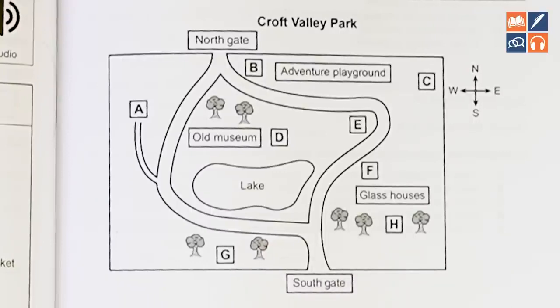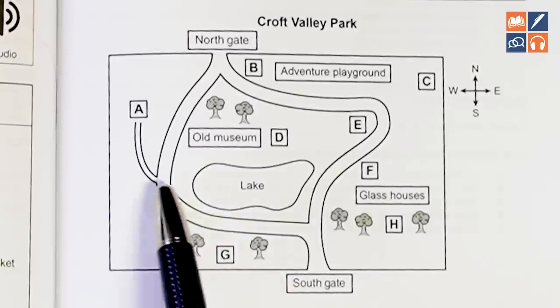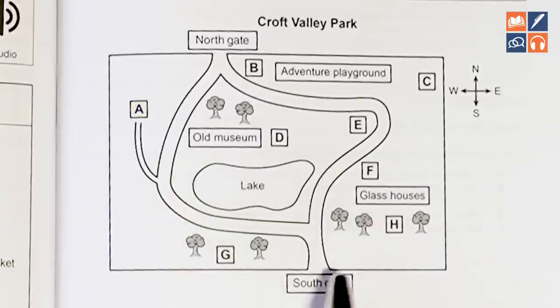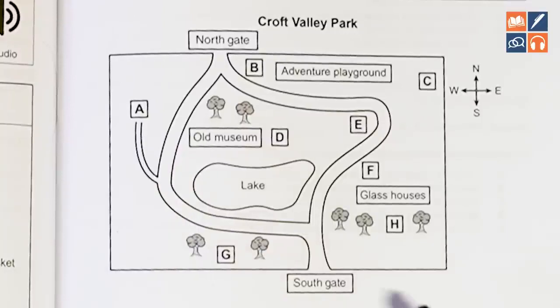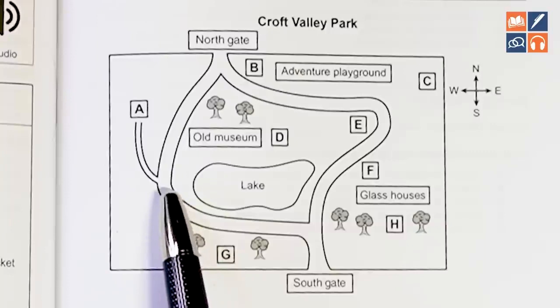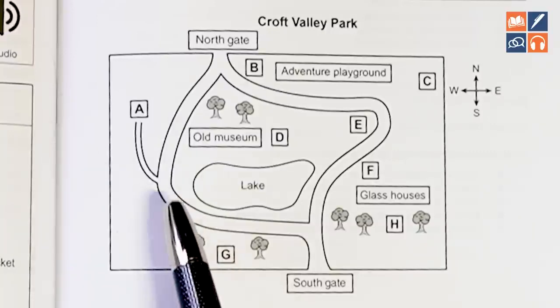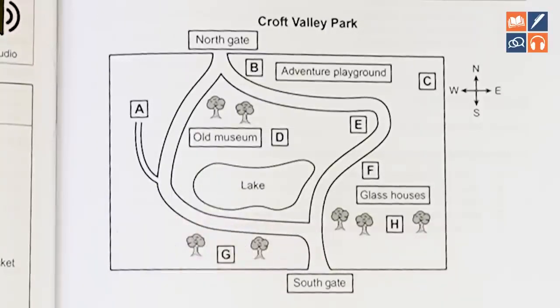So you're thinking about what they might say. If we move up here, A, so think about what they might say to get to A. So if we start at the South Gate, it will say, if we turn left to go past the lake, and there is a path, or there is a trail, or there is a footpath on your left. That's going to show you where you're going to go to get to A.